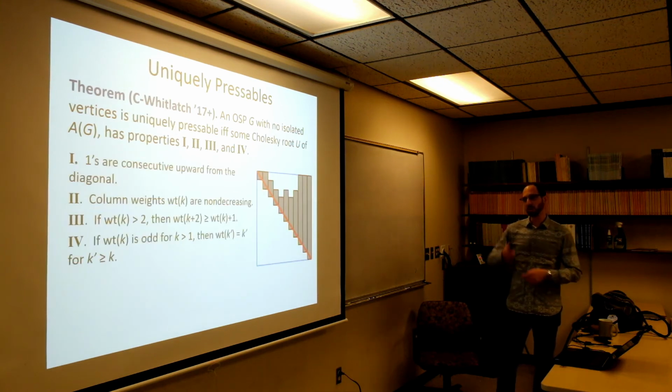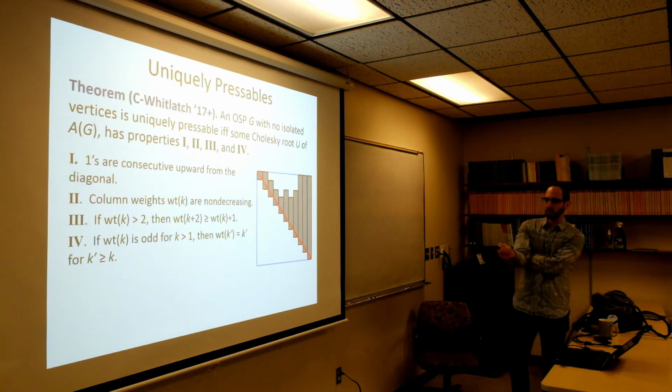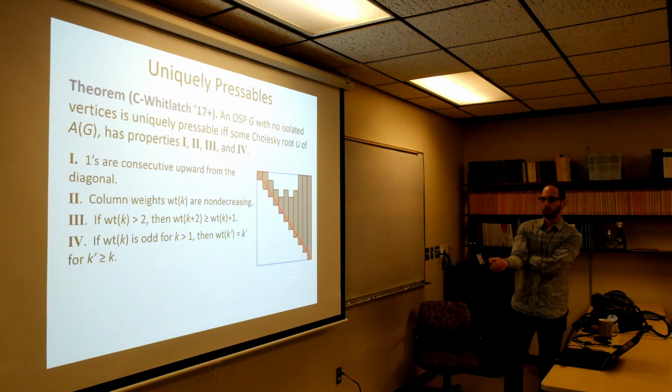Here are the 4 properties. They're a little strange, so I've drawn a picture. So here's our Cholesky root. Remember, the Cholesky root is a matrix over F2, so it's only got 0s and 1s. So this is a picture of where the 1s are. I've grayed out any location where there's a 1 sitting there.